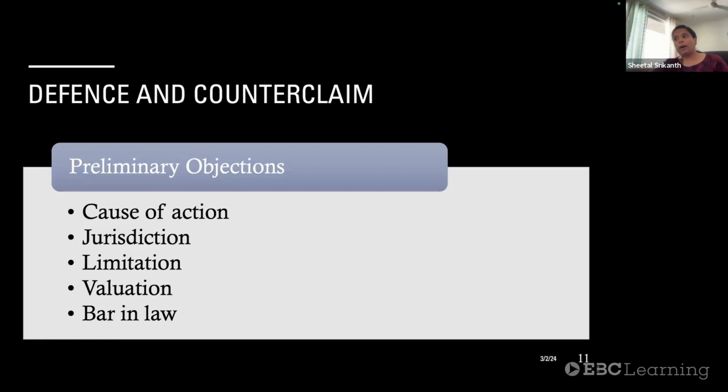Now, an example of a bar in law would be, for instance, that a suit for infringement of trademark can only be brought by a registered proprietor of the trademark. So let's say I'm A, and I have registration for a trademark in class 1 and class 2. But I bring a trademark infringement suit to court for infringement of my trademark in classes 1, 2, and 35, right?